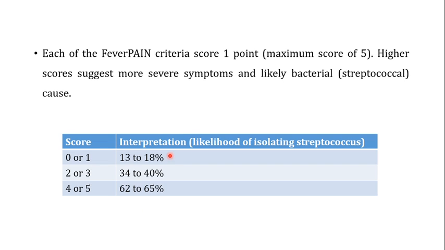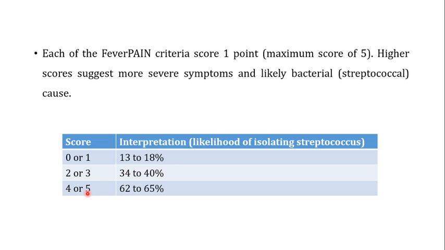This table shows you the scores versus the interpretation in terms of the likelihood of isolating or presence of streptococcus. If the score is 0 or 1, that gives you a chance of 13 to 18% of streptococcus or bacterial pharyngitis. If the score is 2 or 3, that gives you a chance of 34 to 40%.